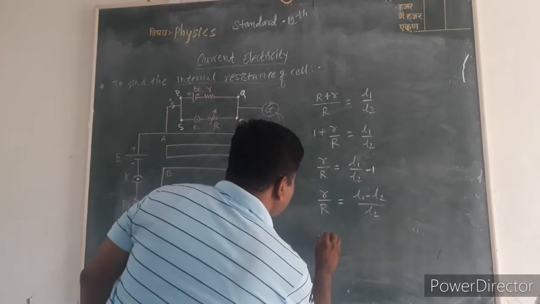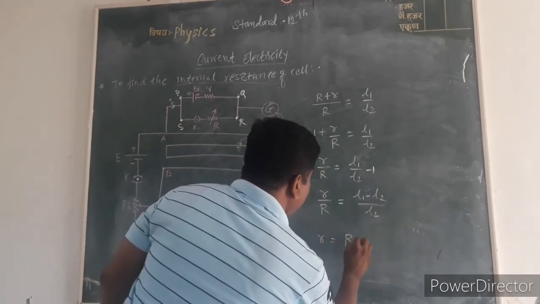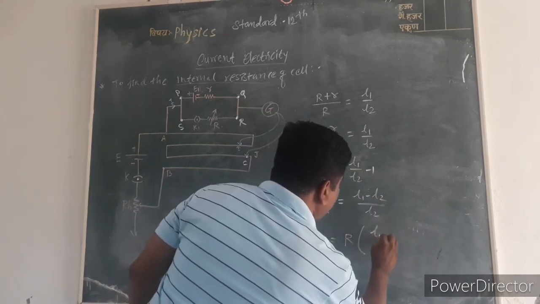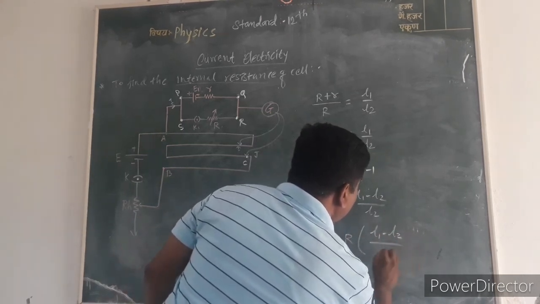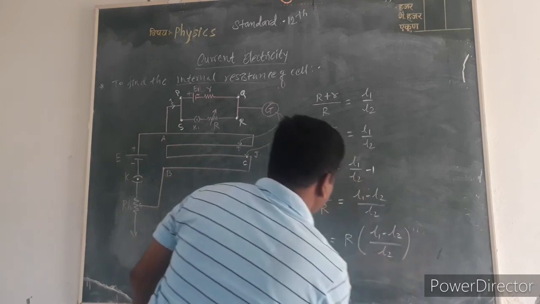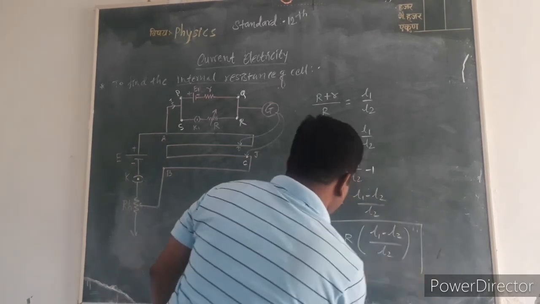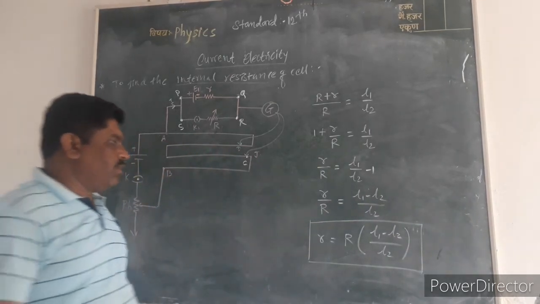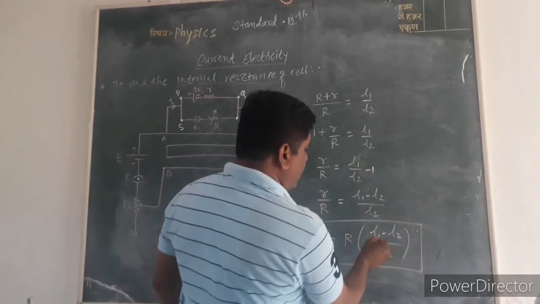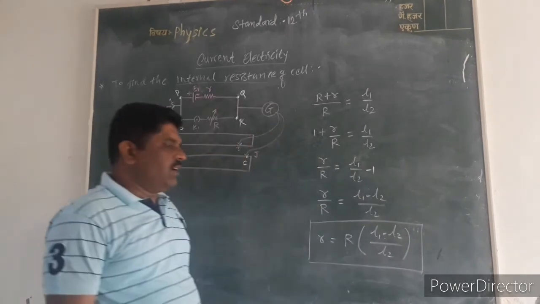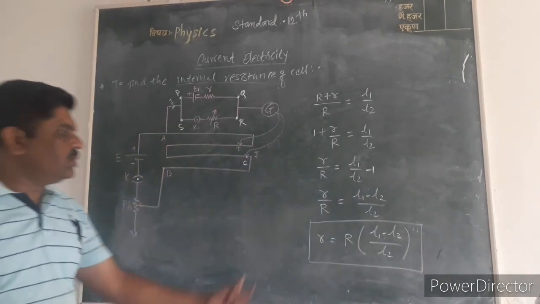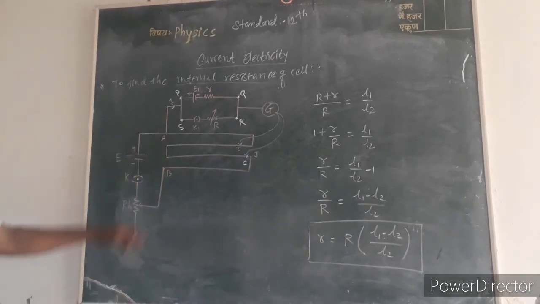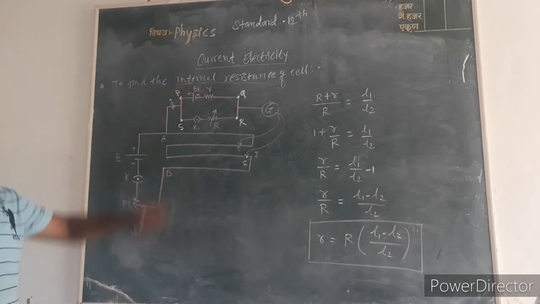Or finally, small r is equal to capital R into bracket L1 minus L2 divided by L2. Using this equation, small r is equal to capital R into bracket L1 minus L2 divided by L2, and using this equation we can determine the internal resistance of given cell.